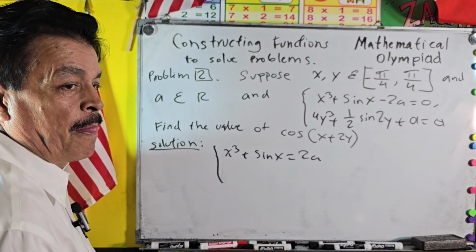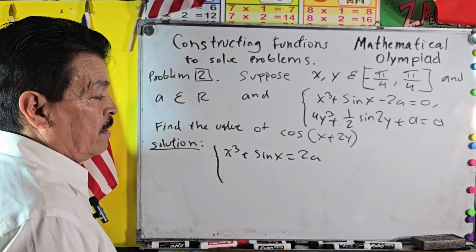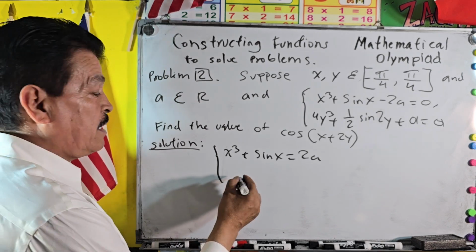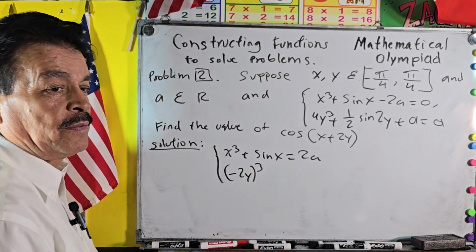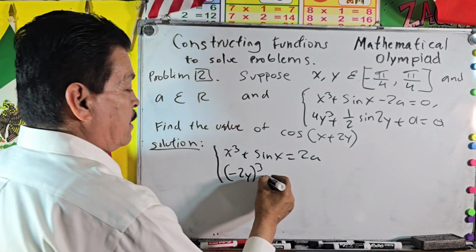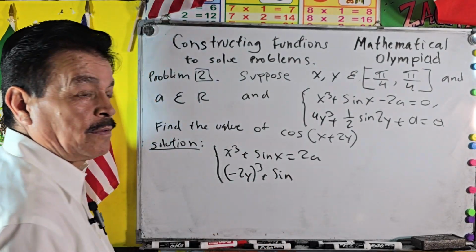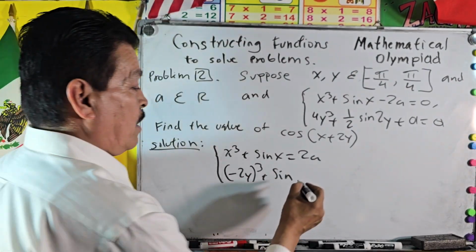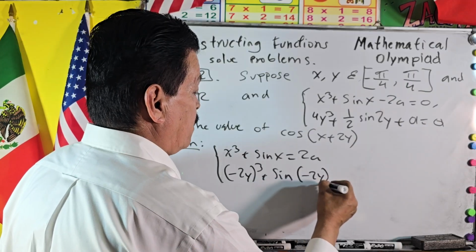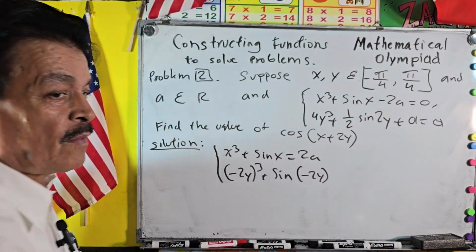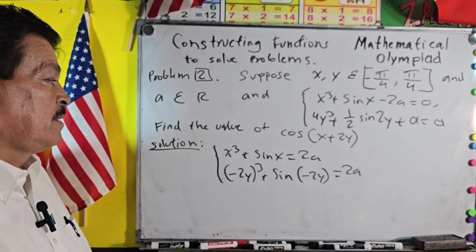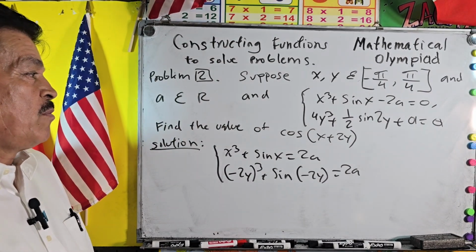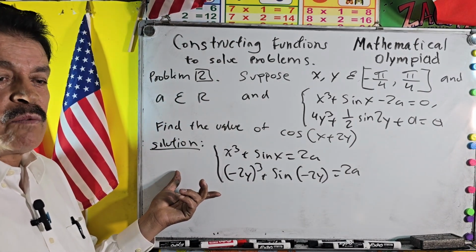The second one is minus 2y to the third power plus sine of negative 2y equals 2a. We are able to rewrite these equations.